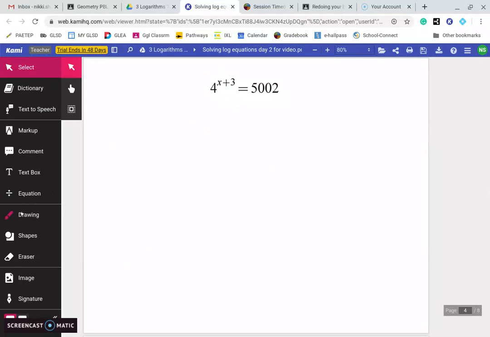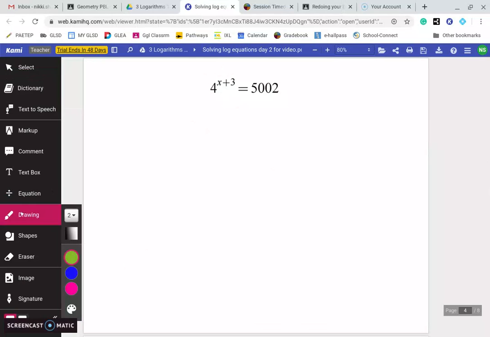But this is already by itself, the exponential part, so I can write in log form right here. So I'll have log base 4 of 5002 equals x plus 3. So again, to type this in my calculator, I'm going to have to do log of 5002 divided by log of 4 equals x plus 3.